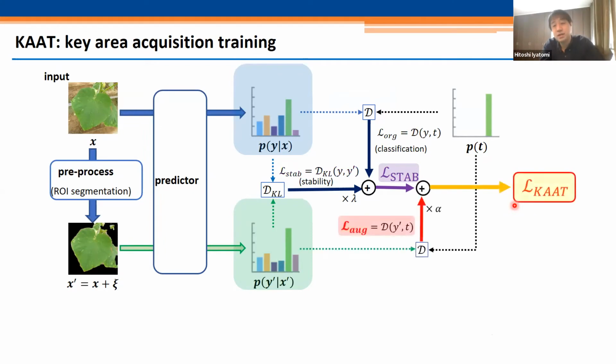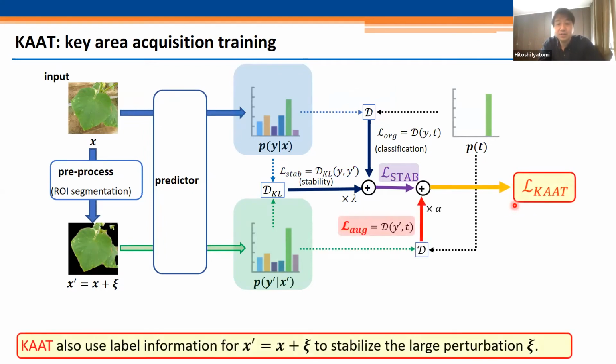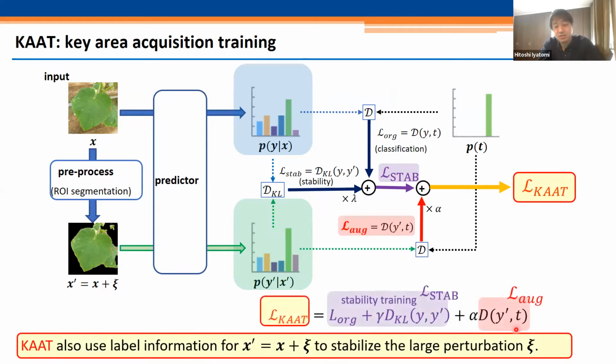So we add additional supervised training between this and this. So we can add the additional training term. Simply, originally this and this are different, so we also supervise this to meet the target signal.